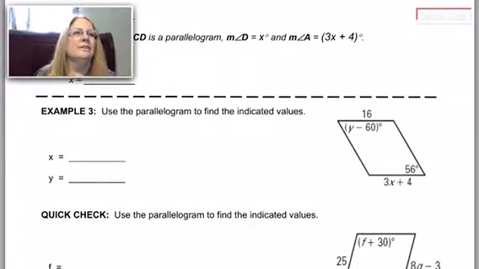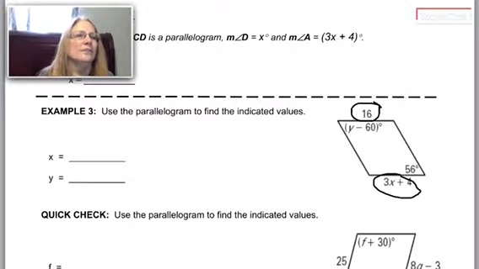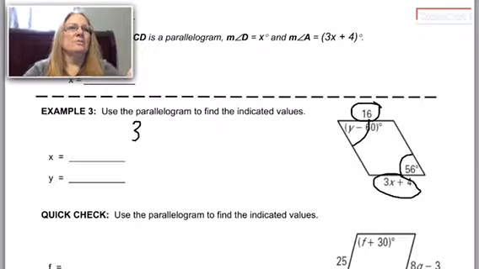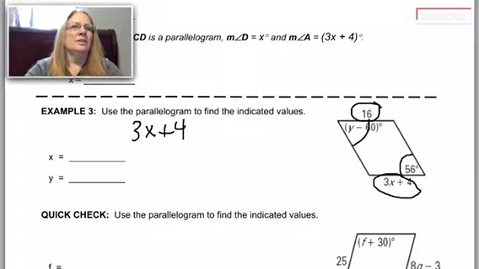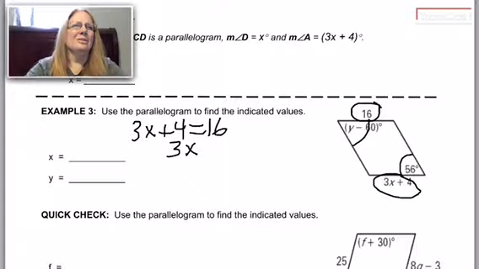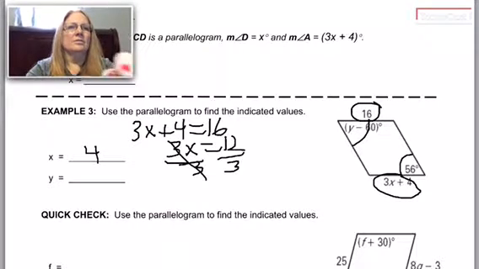Example 3. Okay, we have some angles and we have some measurements of sides. Well, opposite sides are congruent, so those are congruent, and opposite angles are congruent. So this is congruent to this. So for x, we put 3x plus 4 equals 16. Subtract 4 and you get 3x is equal to 12, or x is equal to 4.